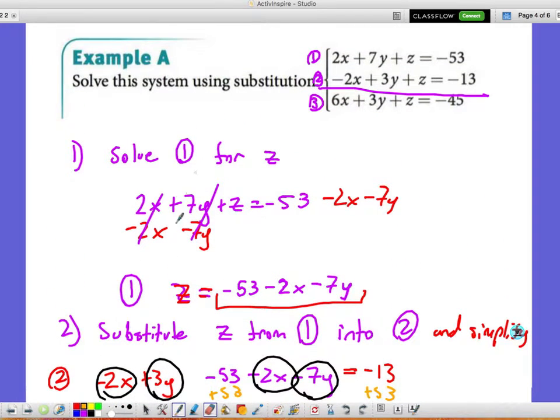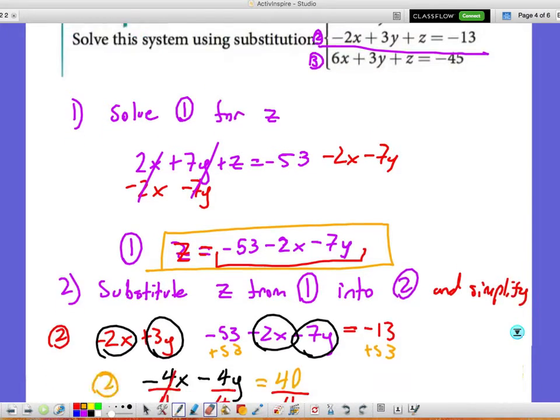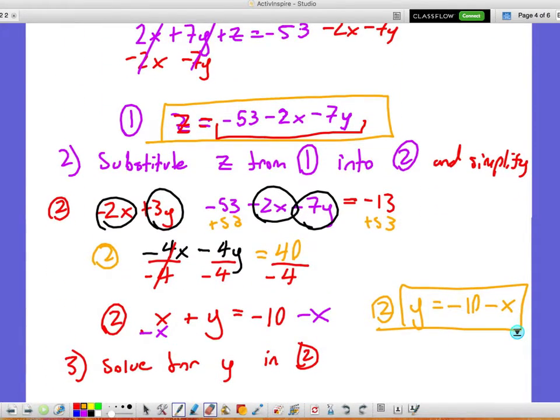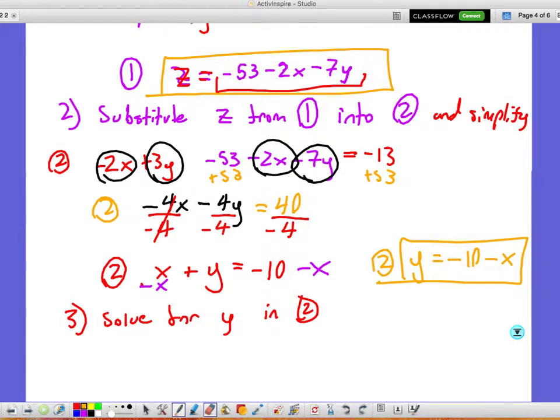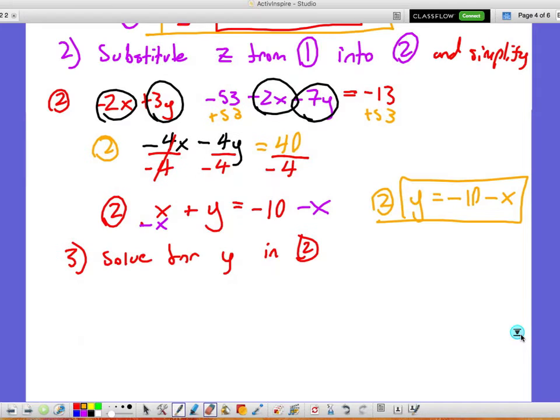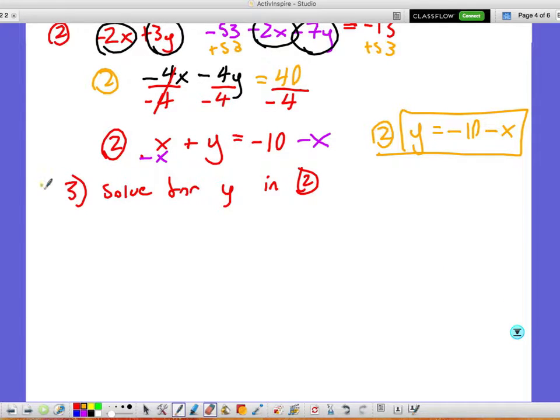Here is my first equation. I just want to save those for later, so I'm going to put them in my pocket, figuratively speaking. I have equation 1 and equation 2 inside my pocket. Alright, step 3 is done.